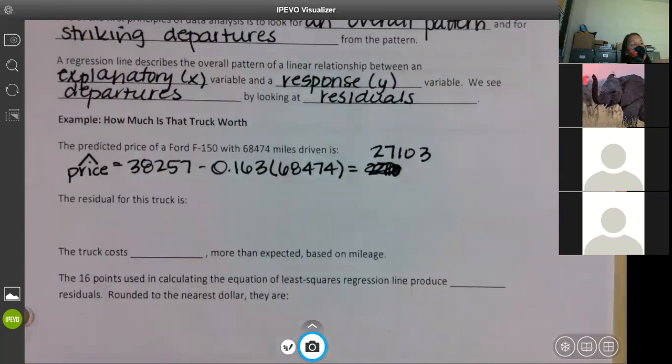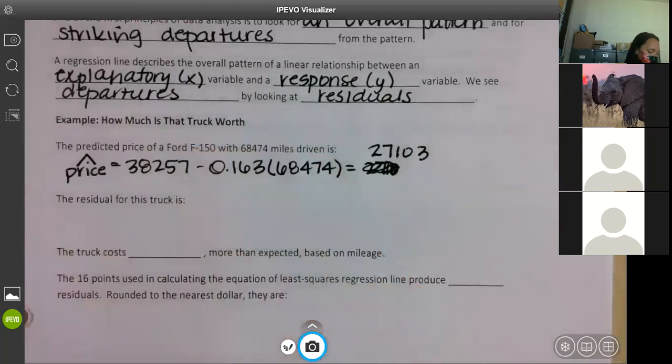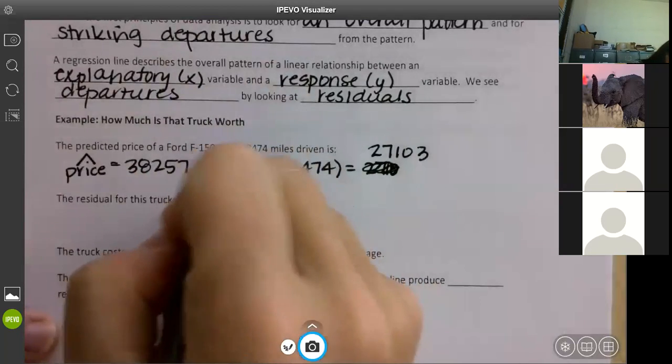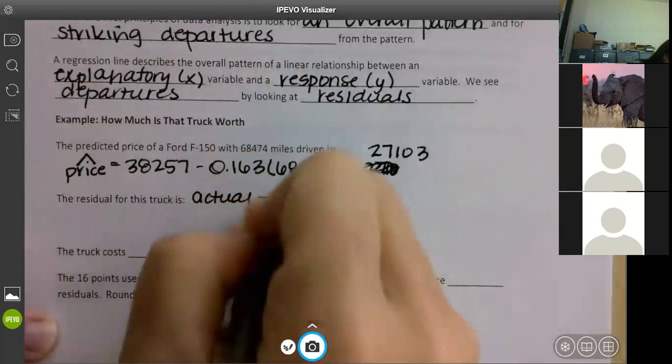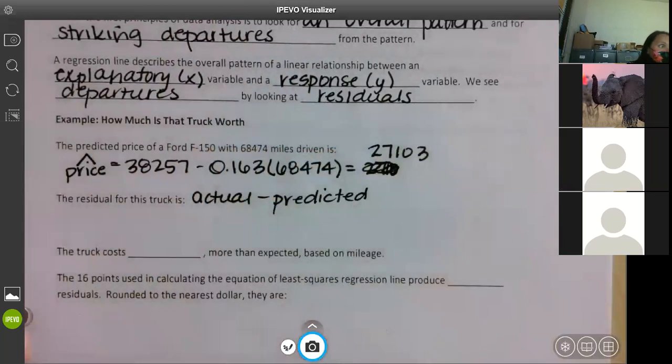That's the easy part. So let's review the residual. How do you find the residual? What's the formula for residual? Actual price minus predicted. Actual minus predicted. They gave you both. Well, we found the predicted, but they gave you the actual. What was the actual? It's in the chart. So don't freak out. I'm not going to make you flip back, but the actual price was in the chart.